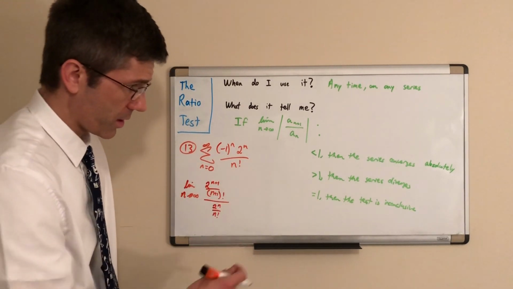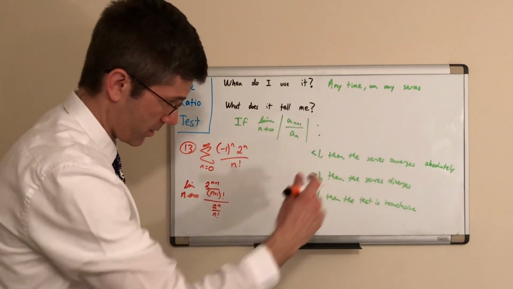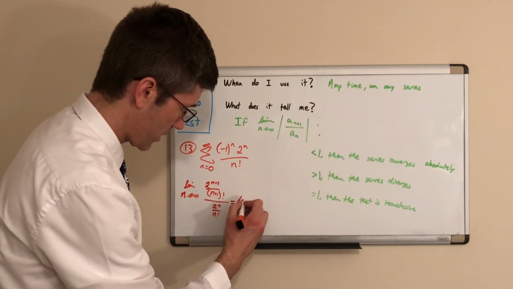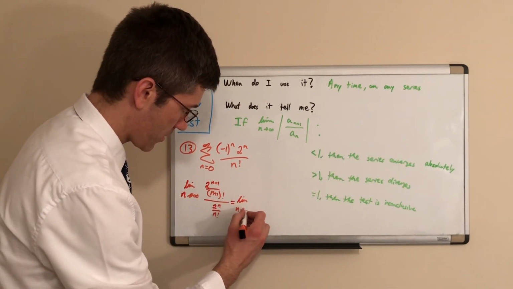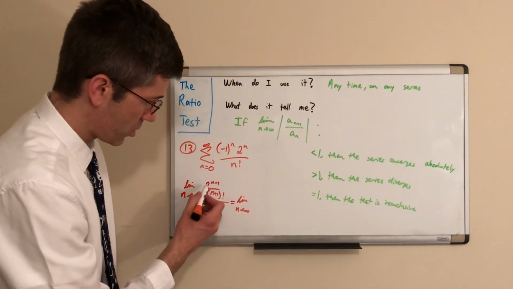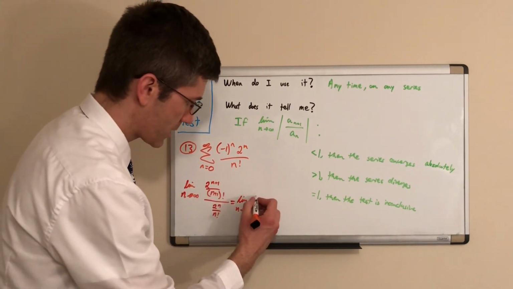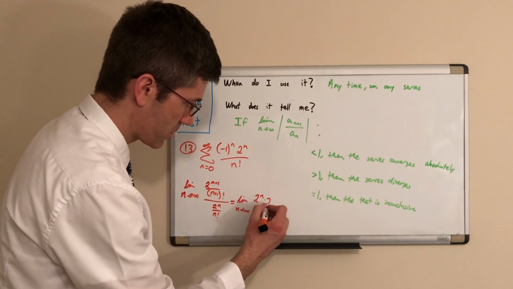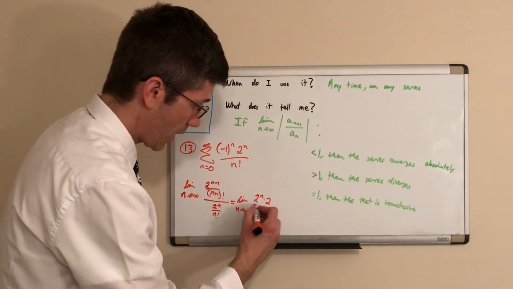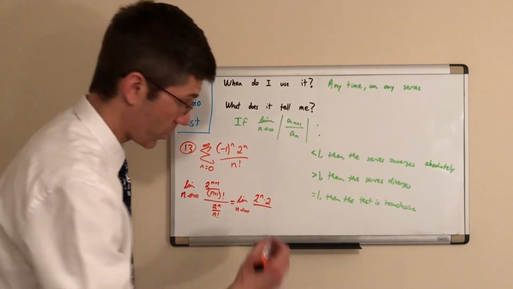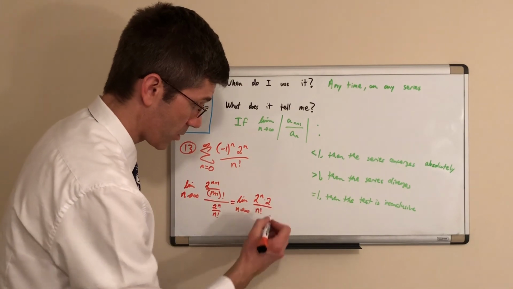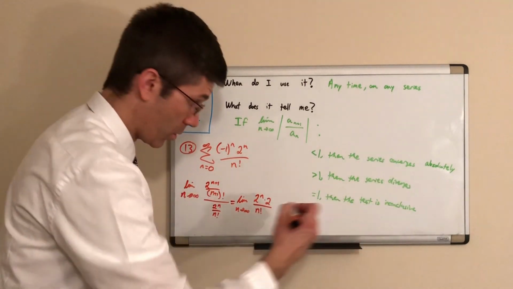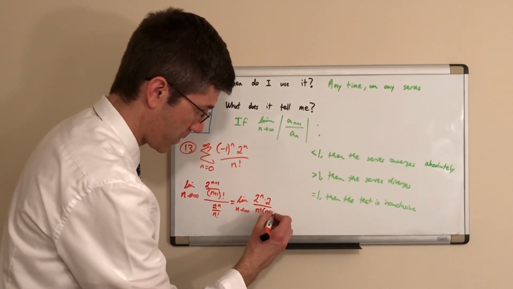And let's keep going with it and hope that we don't have to run into that and erase some of it. So the limit as n approaches infinity of, okay, so 2 to the n plus 1 is the same as 2 to the n times 2 to the 1, right? And that is over n plus 1 factorial, which is really n factorial, and then you went one more, so times n plus 1.